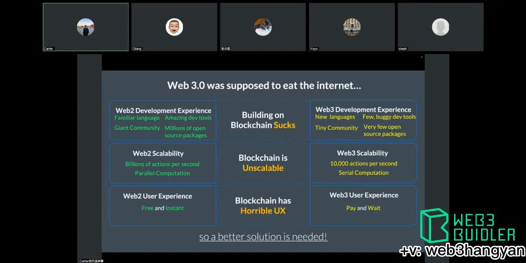With our ZK native development experience, we want to offer all of the amazing dev tools and familiar languages that Web2 developers are already well acquainted with. At the same time, we want a state model that's very scalable, and we want to allow for local proving so that we can offer a Web2-like user experience with free and instant transactions that are proved locally.